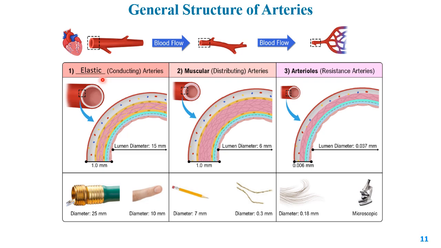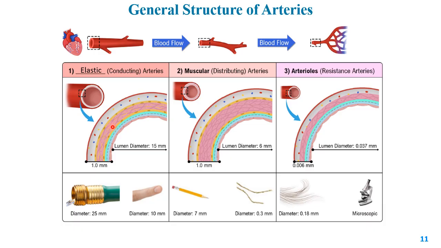Okay, so the first type of artery you're going to find very close to the heart, and an example of this is your aorta. It is a very, very big blood vessel, like the size of a garden hose. Big elastic aorta. You also call those types of arteries conducting arteries, because they get this flow of blood from the heart, and when they receive that flow, they expand a little bit.